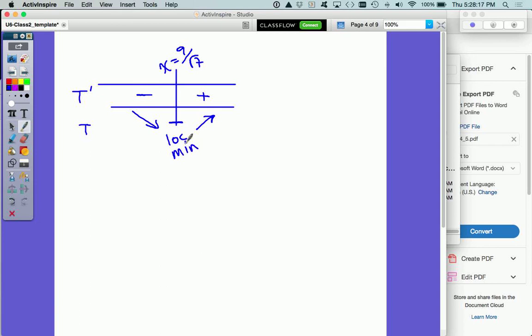And because it's decreasing all the way into 9 over root 7 and increasing all the way from 9 over root 7 to 8, I can see that not only is this a local minimum, it's an absolute minimum, and I can justify it that way.